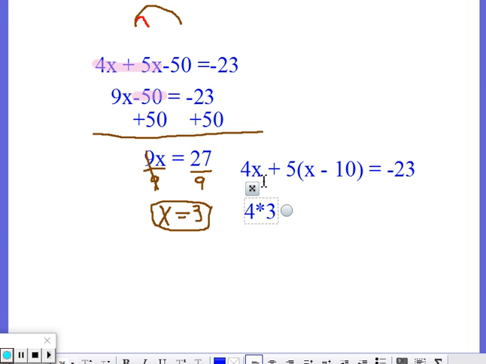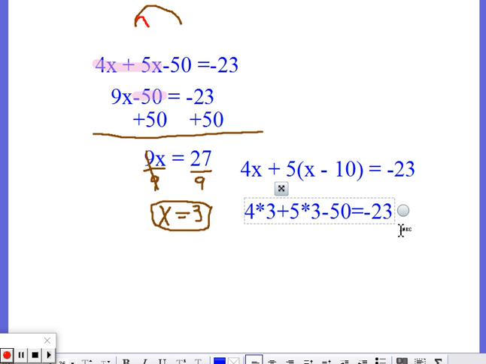See, that's 4x, and instead of x, I'm using 3. Plus, see how 5x, that would be 5 times 3. Minus, it won't be 10, because 5 times 10 is 50. Should equal negative 23. Now let's see if that works.